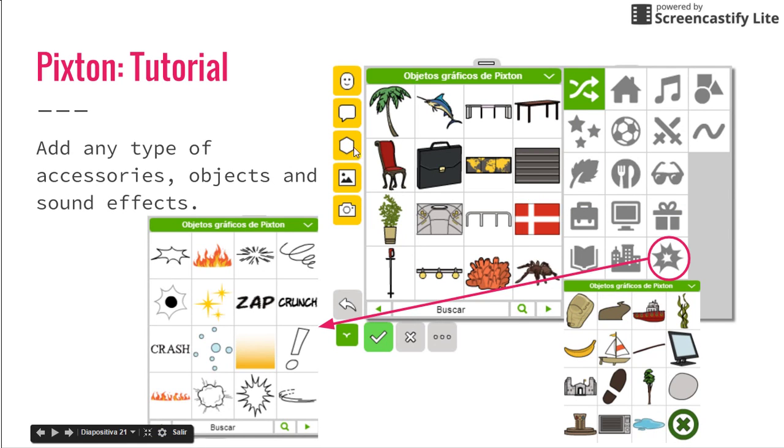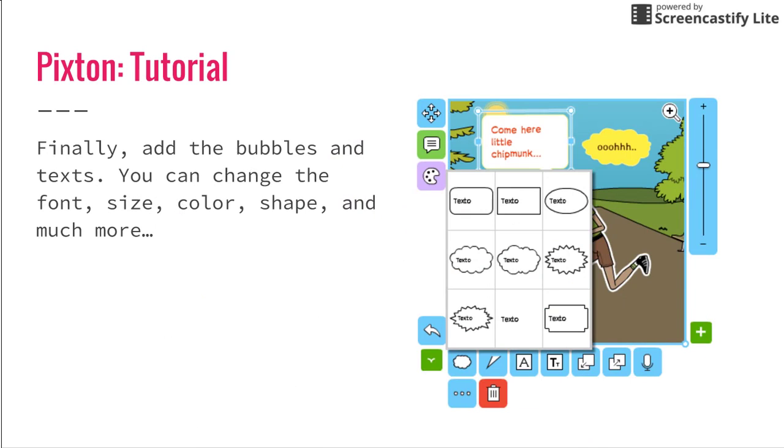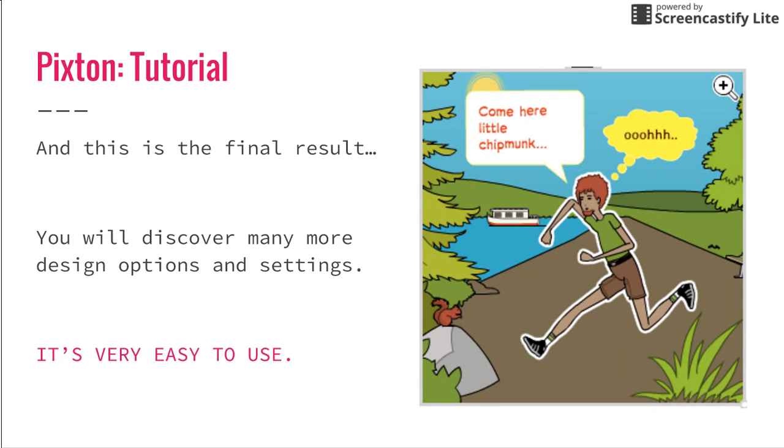I can include objects, sound effects, accessories, and finally the bubbles and the text. We can change the color, the size, the font, and this is the final result.